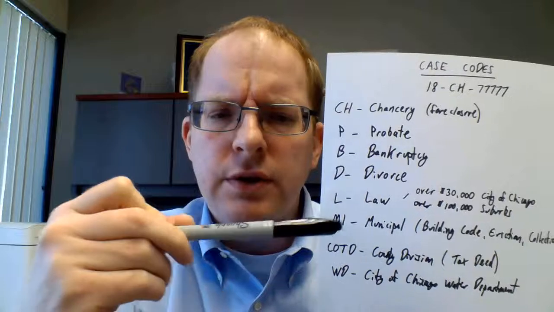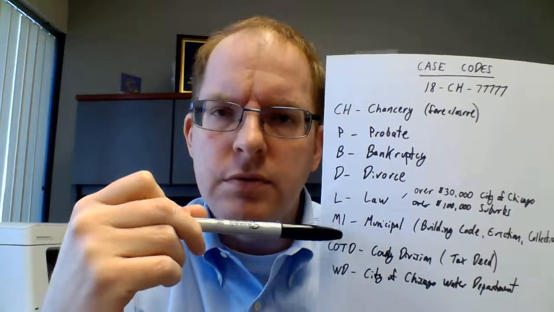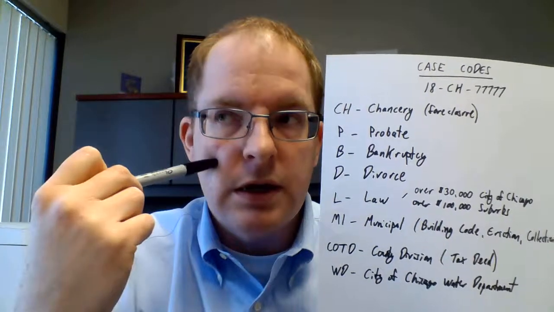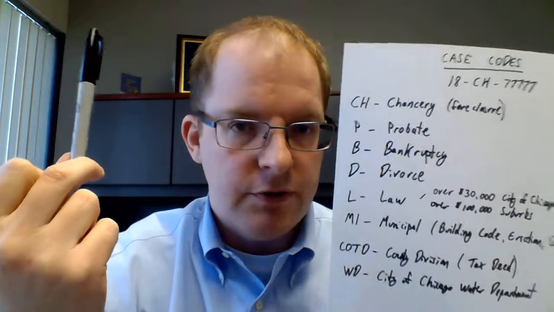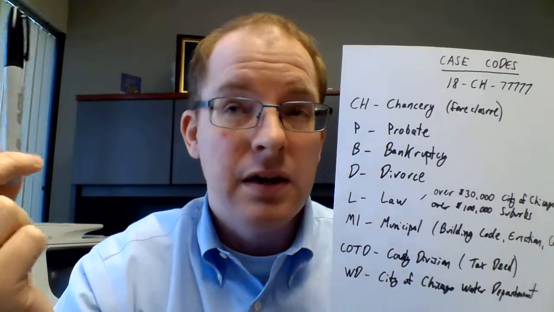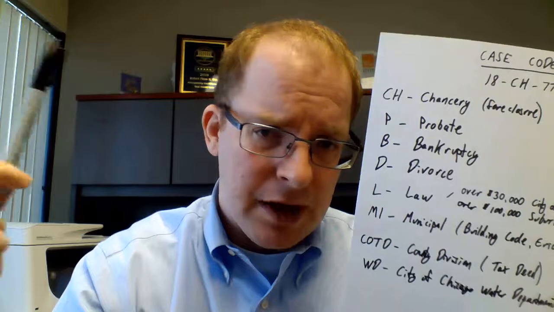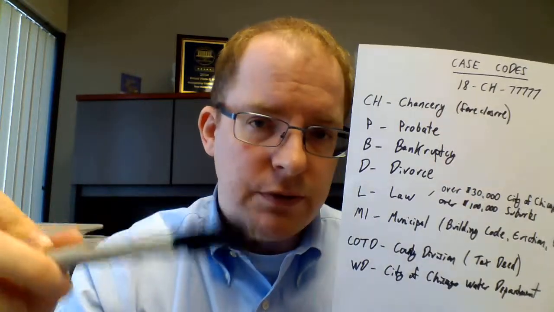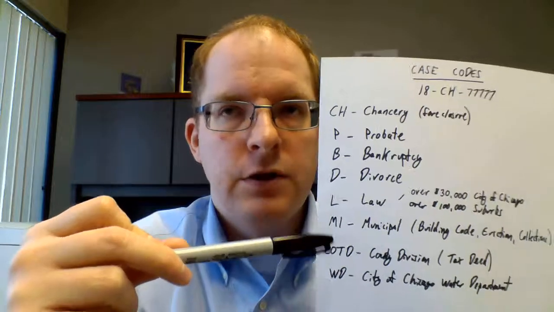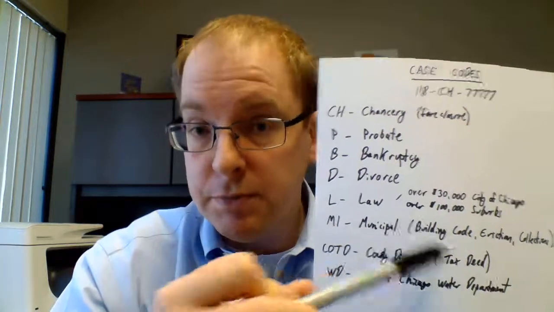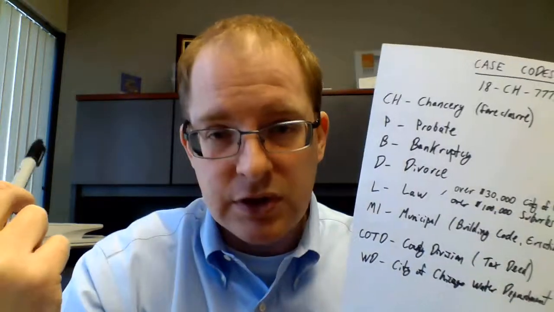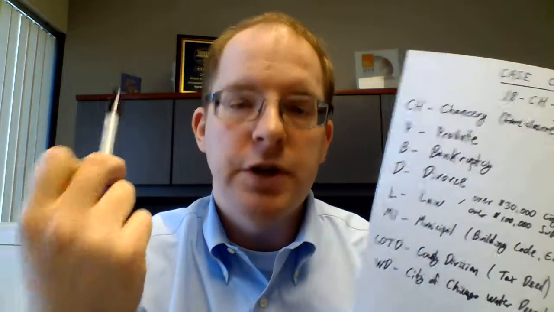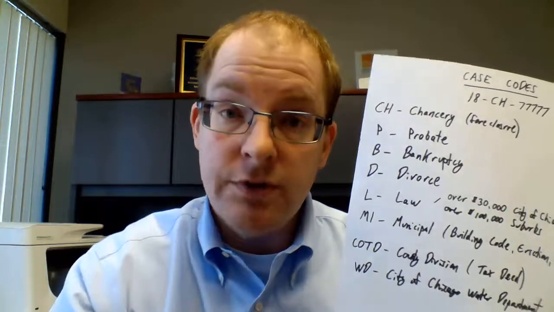One additional thing I don't think I mentioned, when you are doing the muni cases, and I unfortunately have to deal with a lot of building code violation cases because a lot of my clients buy properties that have been abandoned or foreclosed on in the city of Chicago. When you're dealing with these muni cases, you can generally figure out pretty quick if it's the building code violation one, because if the plaintiff is the city of Chicago, it's probably going to be that building code violation case.